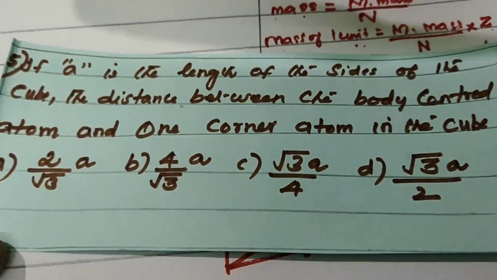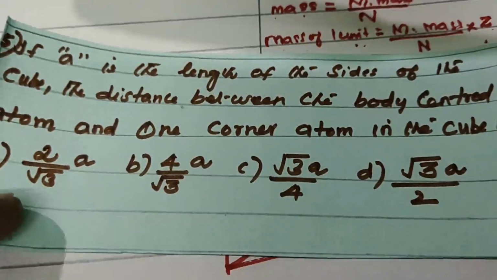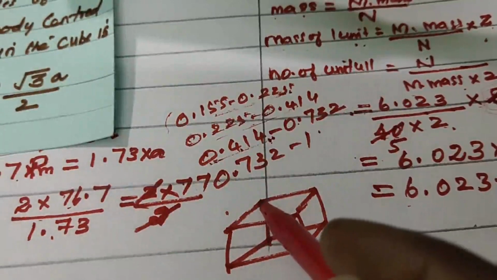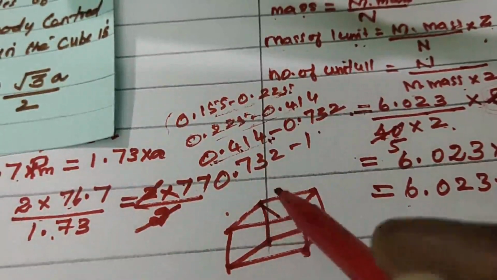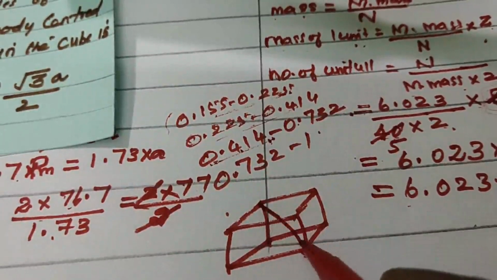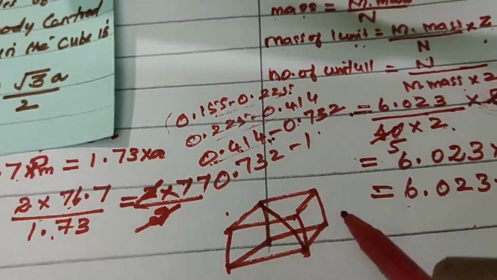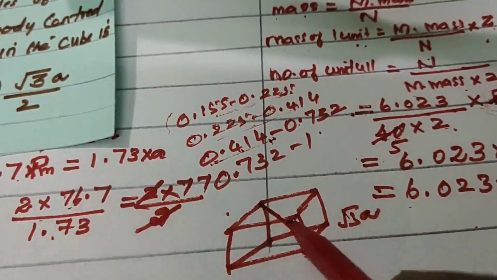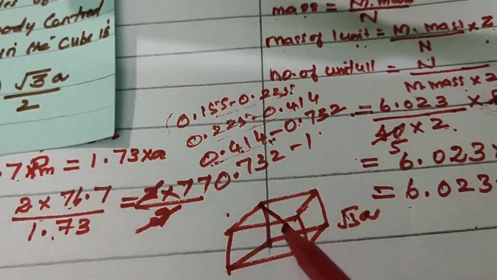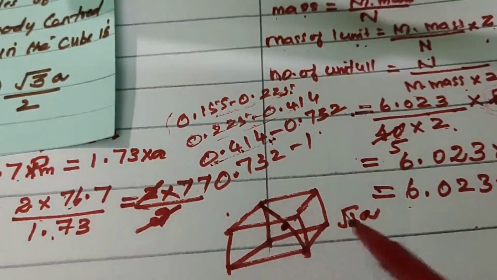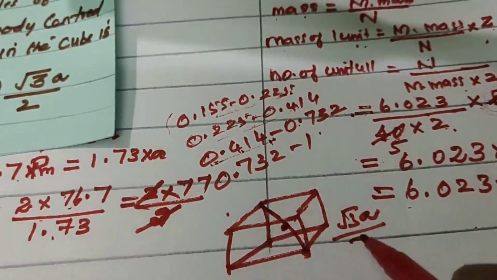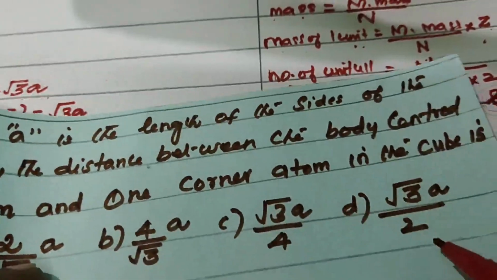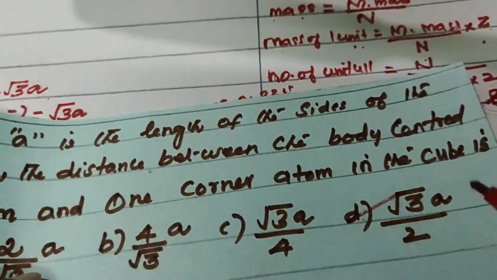The distance from one corner atom to another corner atom through the body diagonal is root 3 a. Here the question is body center to one of the corner atoms, which is half of that, root 3 a by 2. So the answer is root 3 a divided by 2.